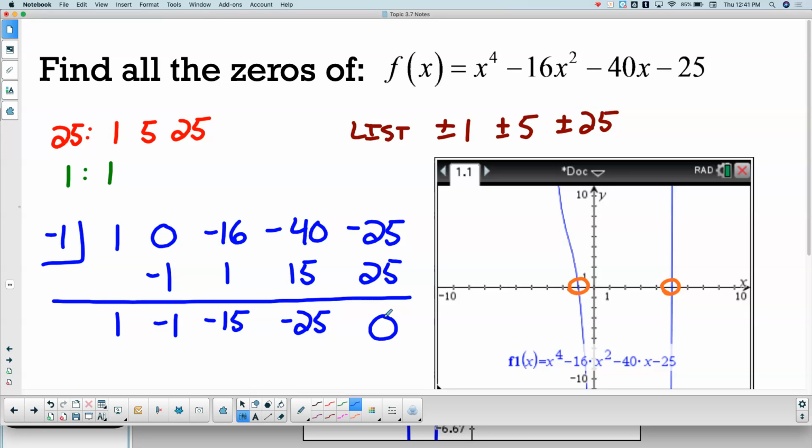Okay? So there's my first one, which means that x plus 1 is my factor. Agree with that? Okay?